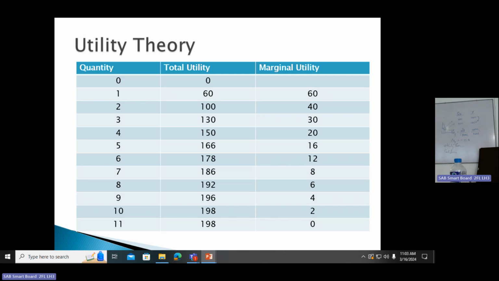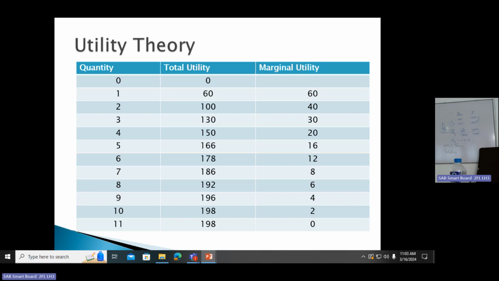And the marginal utility, the extra satisfaction that you derive by consuming an extra unit: at the first unit, marginal utility is high, but it continuously decreases. At a particular time, it comes to 0. That is the point where total utility is maximized.